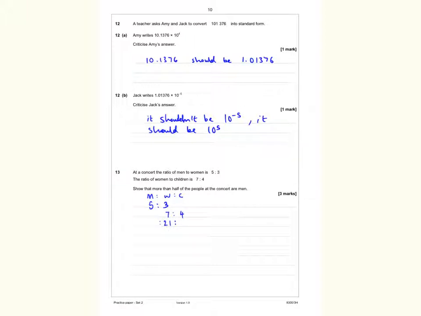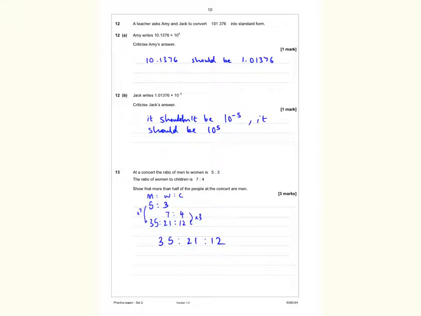So 5 times 7 gives me 35 here. And to go from 7 to 21, it was times by 3. 4 times 3 is 12. So my ratio is 35 to 21 to 12. This is the ratio of men to women to children.